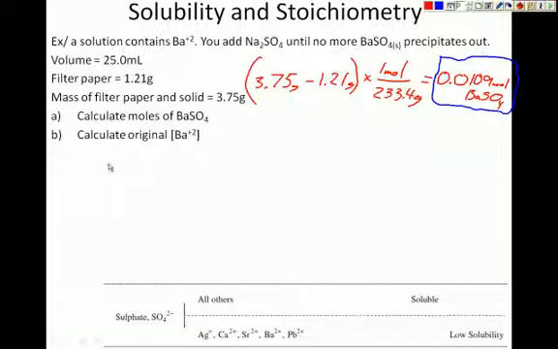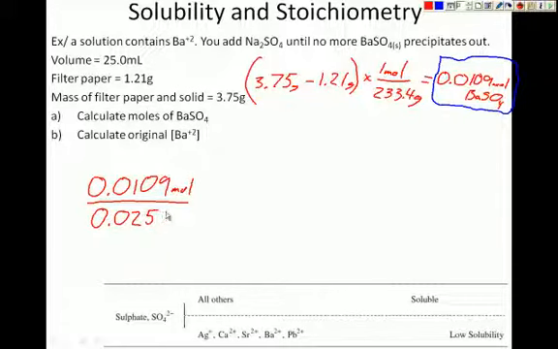So we're just going to simply go 0.0109 moles per liter, and we're going to change this into liters, and so that's going to be 0.0250 liters. Now this is moles of barium sulfate, and the question's asking us just barium ions before we added the sulfate.